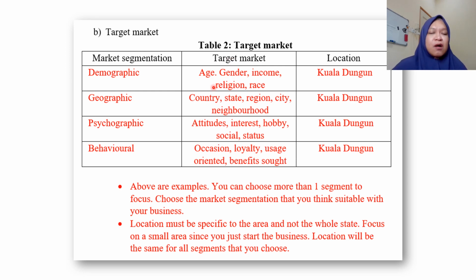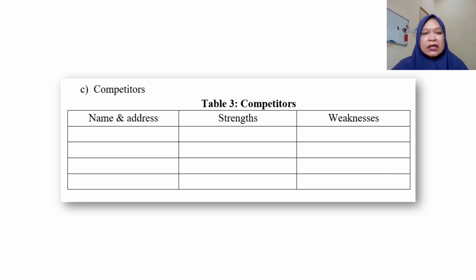If it's suitable for all kinds of age, you don't want to state the age here. You only choose if you have a specific range. Location must be specific to the area and not the whole state. You can read this in the notes that I give you.